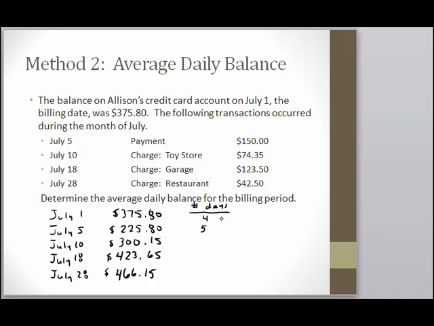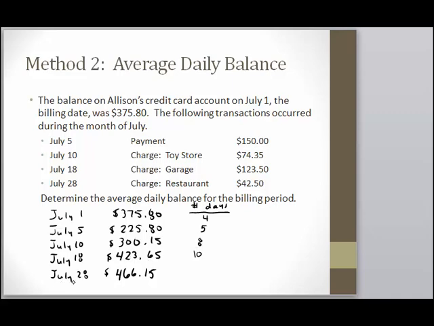Between July 10th and July 18th, there were 8 days that the balance remained $300.15. Between July 18th and July 28th, there were 10 days that the balance remained $423.65.